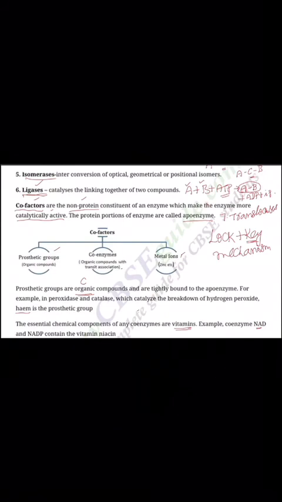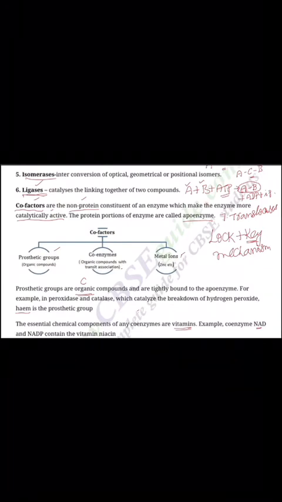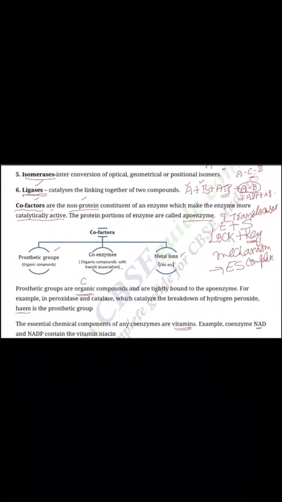So the key having the teeth or the rows should enter inside the lock and fit it. Then only lock and key gets in coordination and lock gets opened. Same is the case, the enzyme and substrate both should function as lock and key. Then only you get what is called ES complex, enzyme substrate complex.